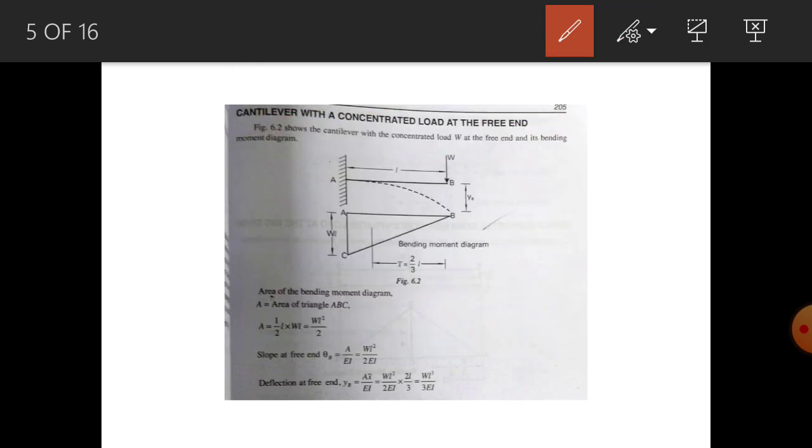You want the deflection from the B point, right? Where is your center of gravity? Somewhere here. So we want it from the axis. What will be the distance? It will be 2/3 of L. So what you're going to do is multiply. You can see here.